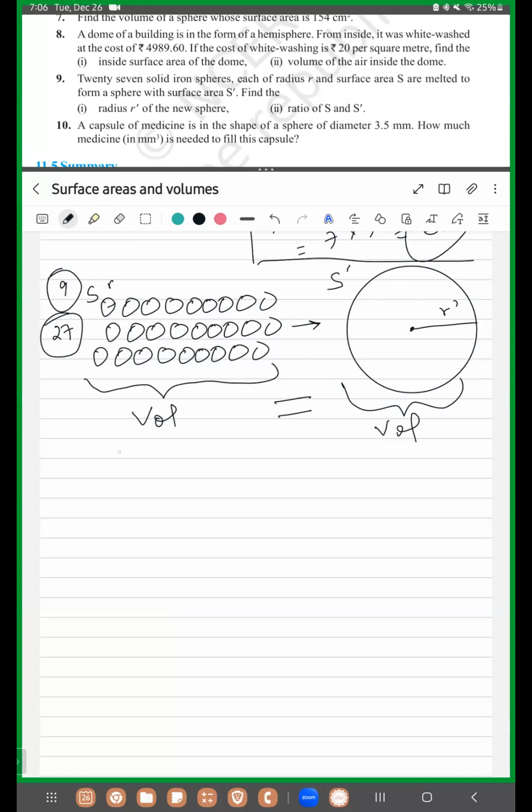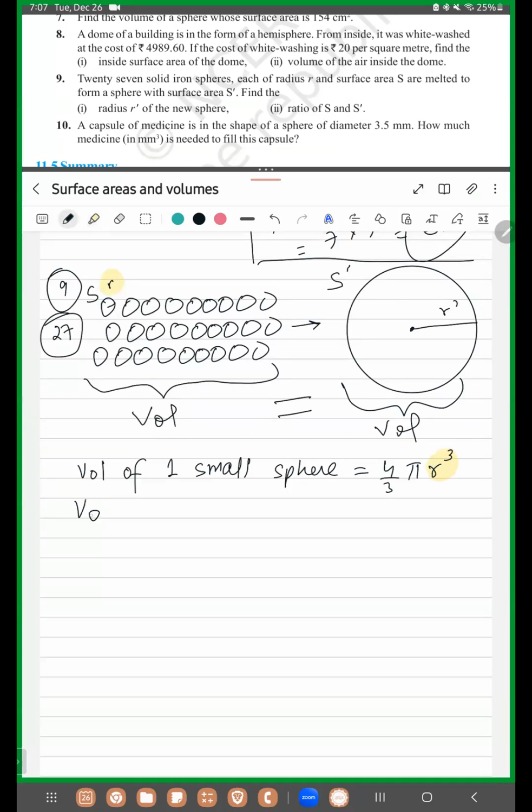So 27 solid iron spheres, each of radius r. First of all, the volume of one small sphere is 4 by 3 pi r cube, because the radius of the small sphere is r.